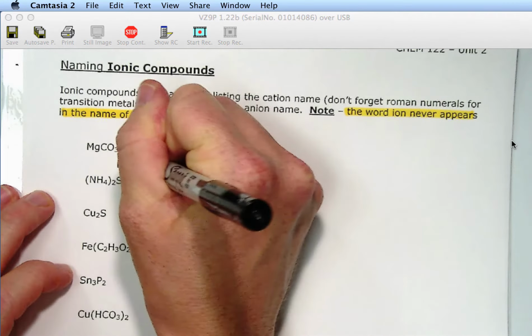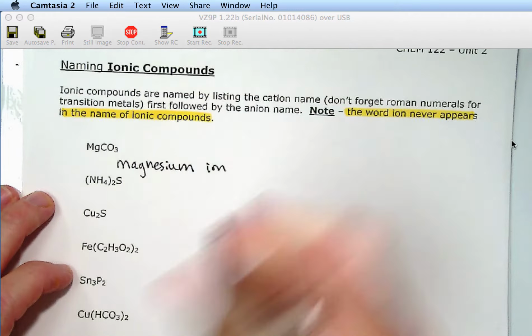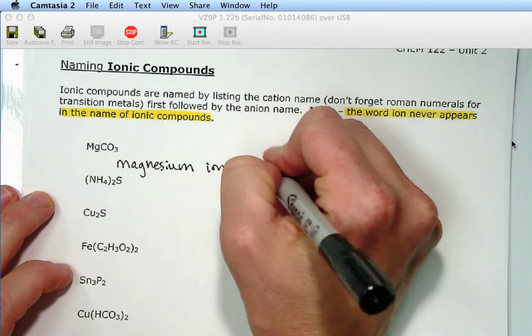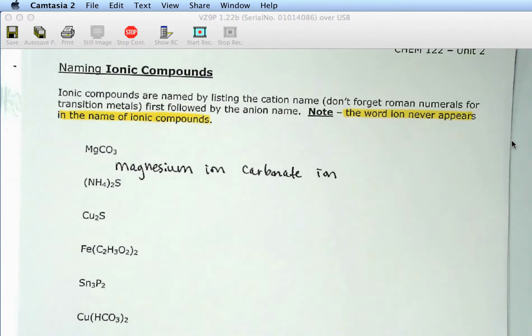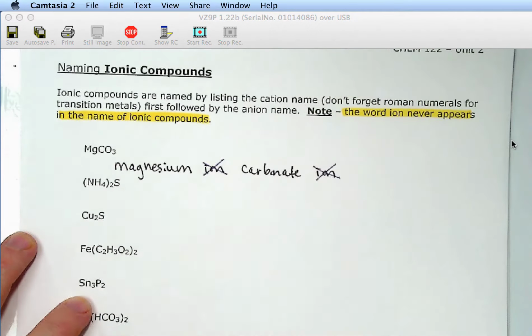Magnesium ion carbonate ion is not correct. All you have to do is say magnesium carbonate. That's it. So ion does not appear in the name.